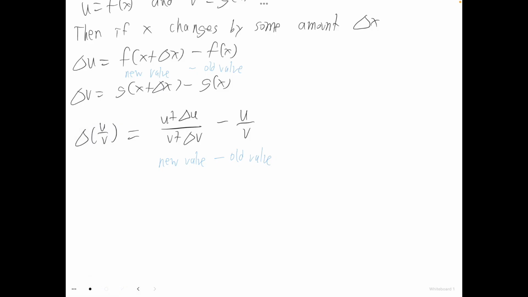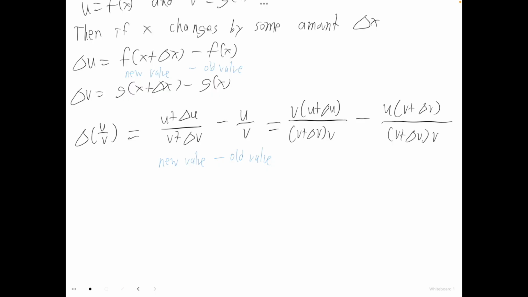Well, let's combine these by getting a common denominator. So cross multiplying, we're going to have v times u plus delta u all over v plus delta v times v. And then minus, we're going to have u times v plus delta v divided by v plus delta v times v. So this is just getting a common denominator.